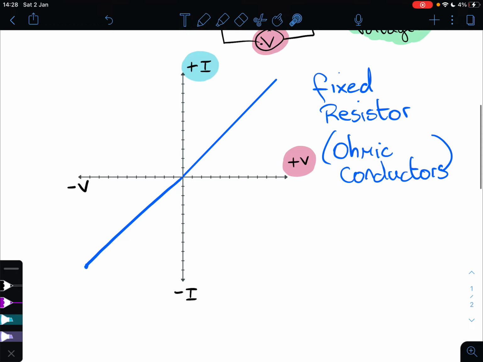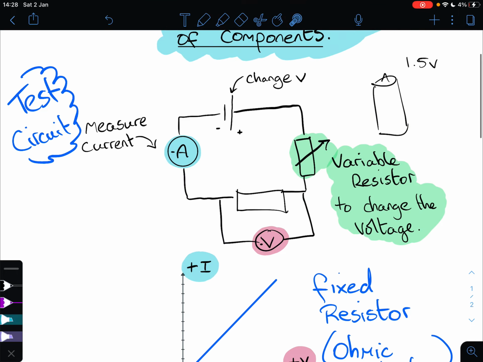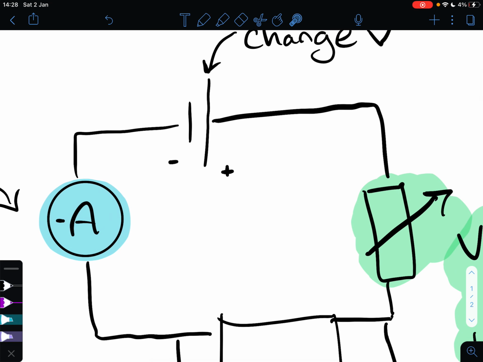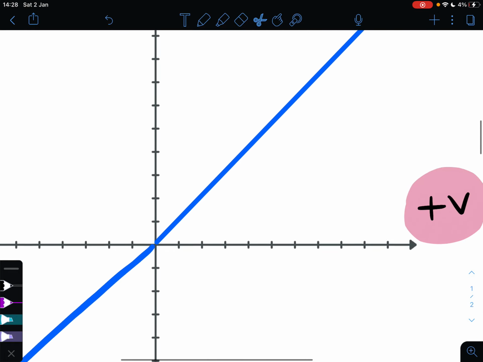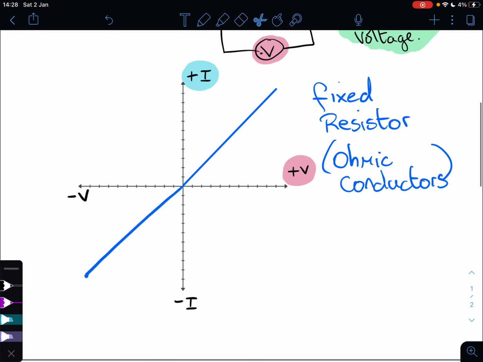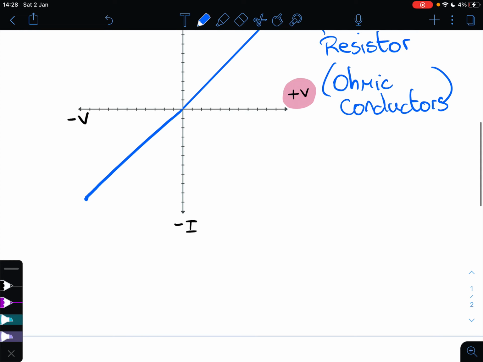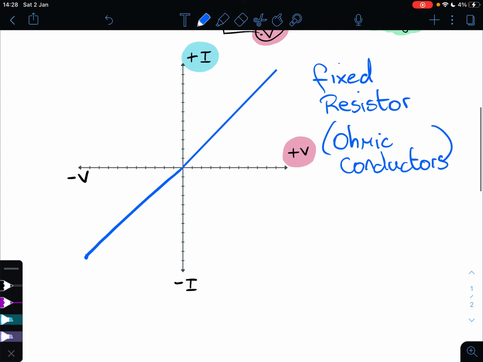When we graph it, we get a straight line, and if we change the polarity by swapping around the battery or the wires, we then get negative numbers, and so we plot it again and we get one straight line through the origin. Now, when we have a graph like this, we describe it as directly proportional.